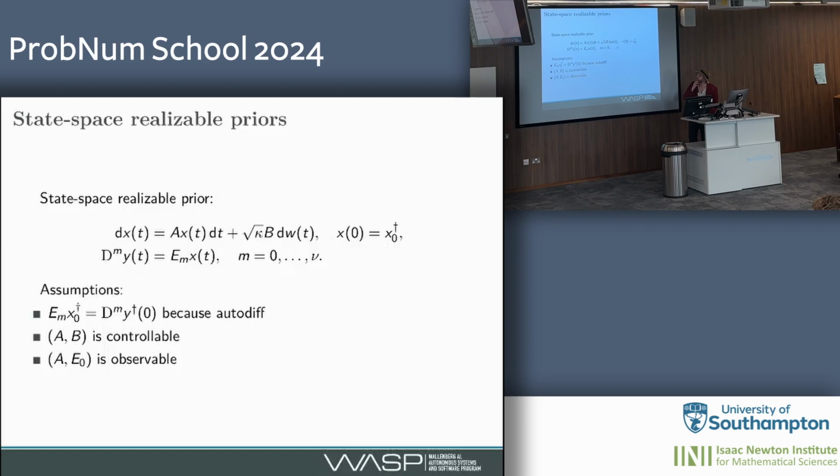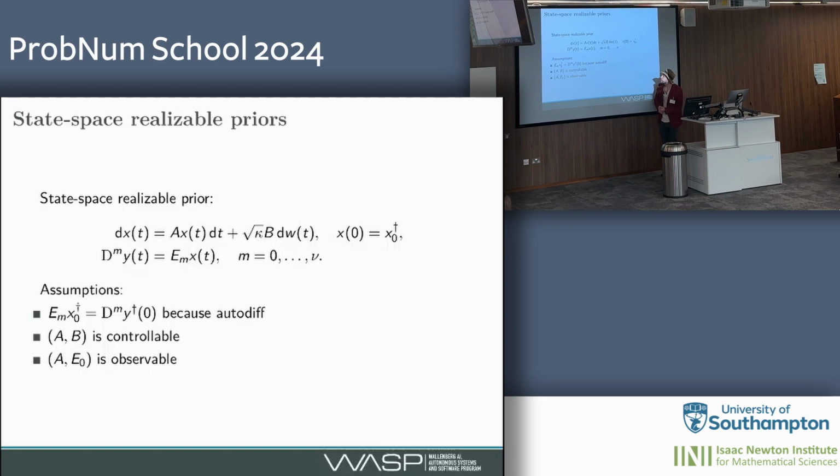But anyway, for the prior, I'm going to use one of these stochastic differential equations. So my state is going to be x, and it's going to solve this linear differential equation. I'm going to add some square root of kappa here, which is a parameter I can turn around to calibrate my model.